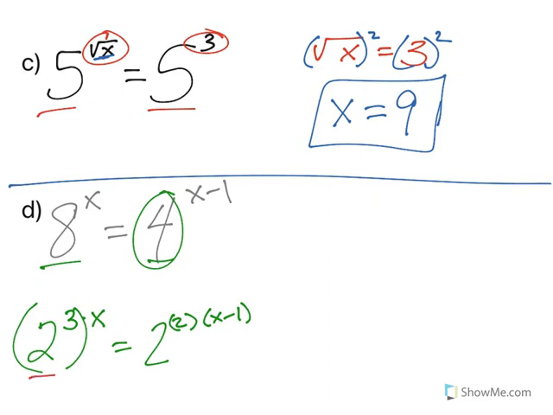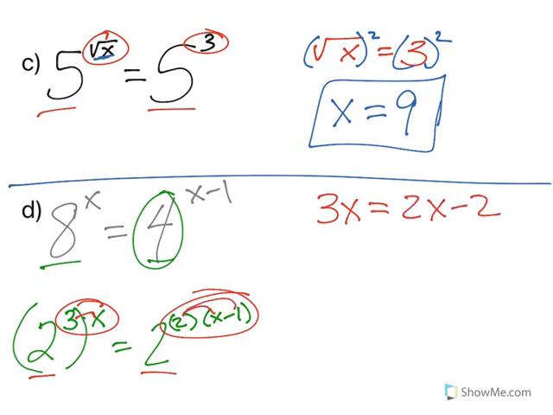So when I look at this, now I have the same base. So I have 3x equals 2x minus 2, right? So now I can solve. Subtract 2x from both sides, and x equals negative 2.